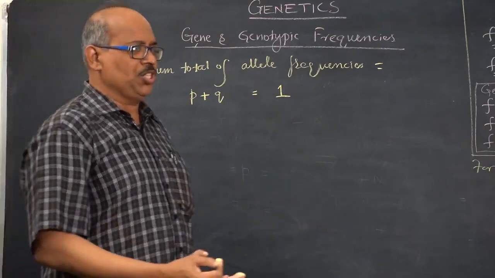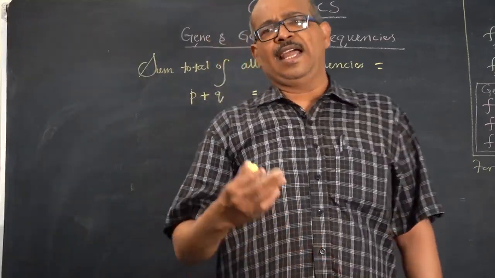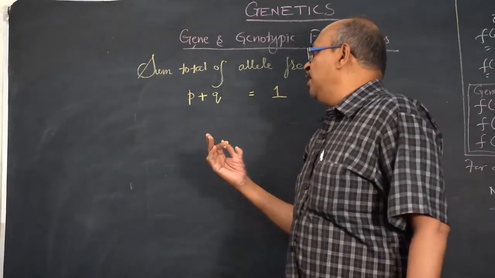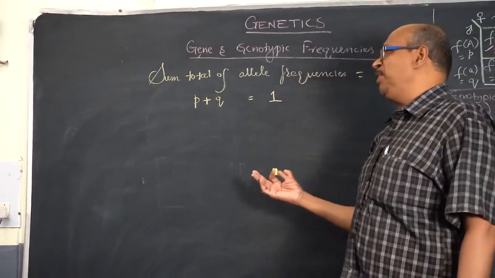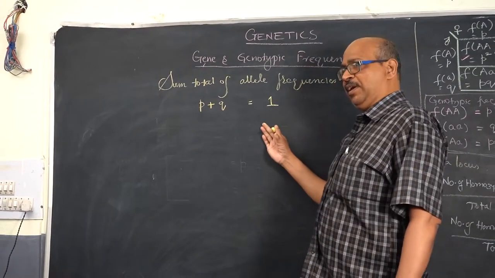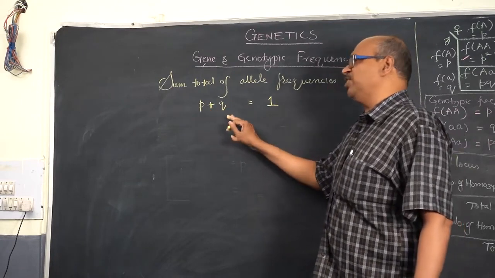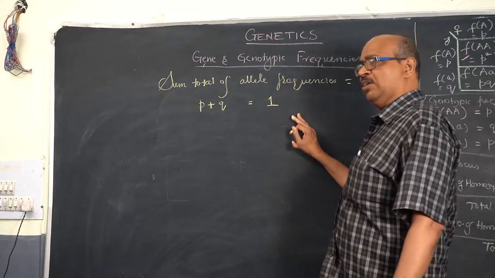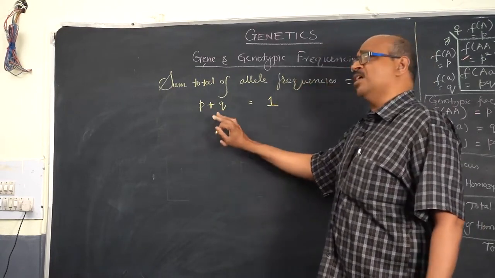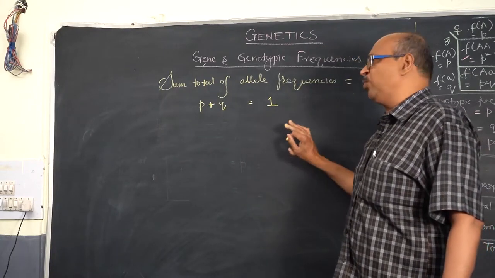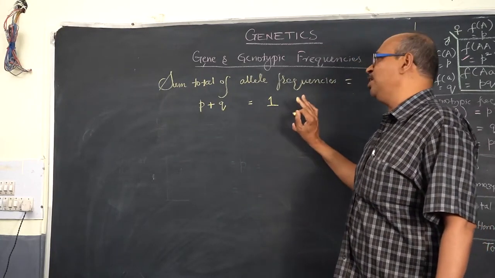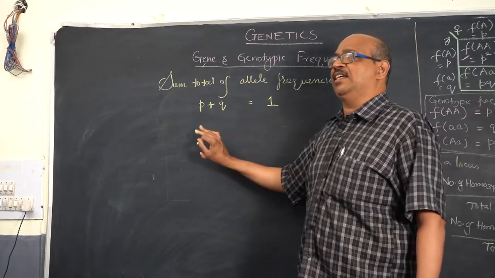Since we have two alleles, the allelic frequency should be equal to 1. If you have 3 alleles, then the sum total of 3 allele frequency should be equal to 1. If you have 4 alleles, the sum total of 4 allelic frequency should be 1. You can't have frequency that is greater than 1.